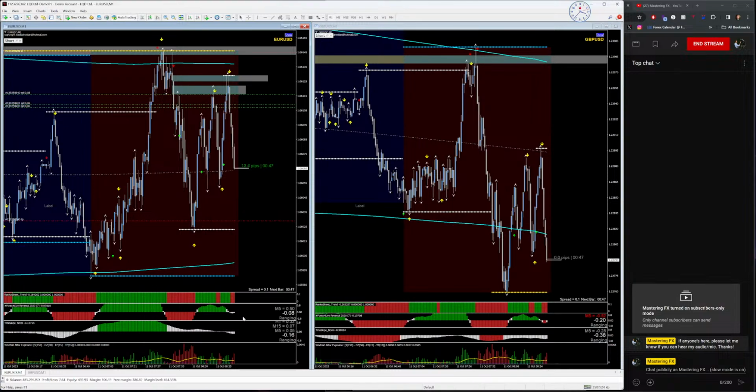Got some nice moves. This actually crossed over here as well, crossed over to the downside. So yeah, this looks actually really good. Let's see if we hit TP1 now, but I think we will.